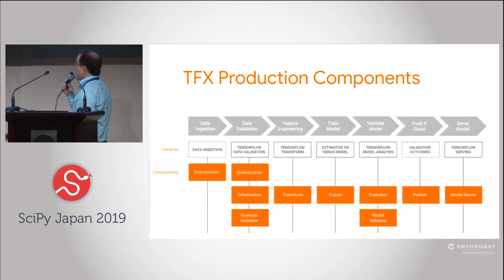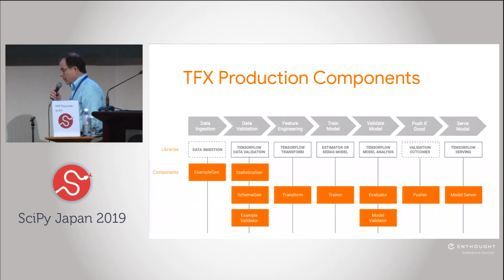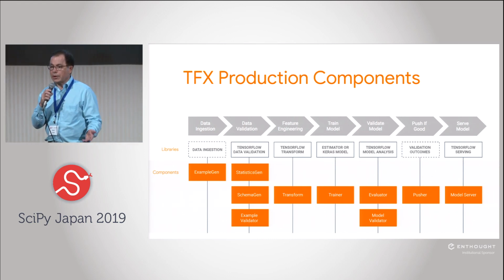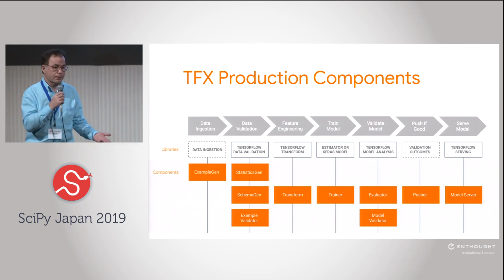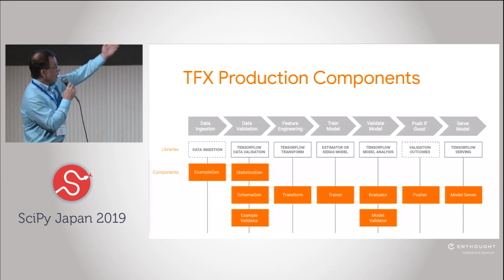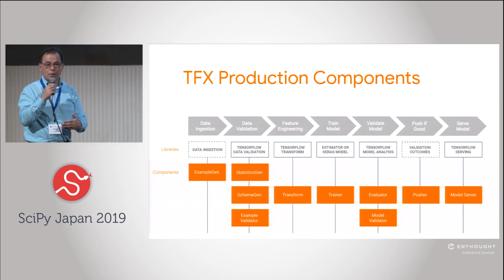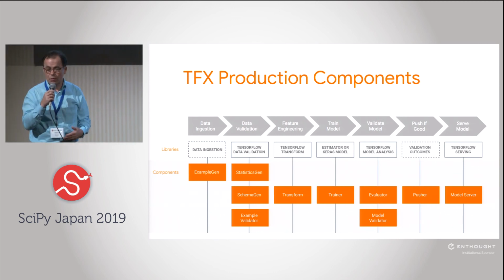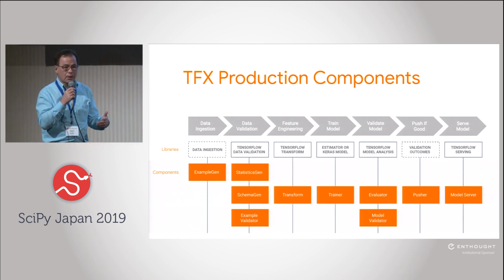So this is a machine learning pipeline in a production environment, and this happens to be TFX, but any machine learning pipeline will be very similar. You will start and follow the process that you typically do in any machine learning development situation or inference usage.